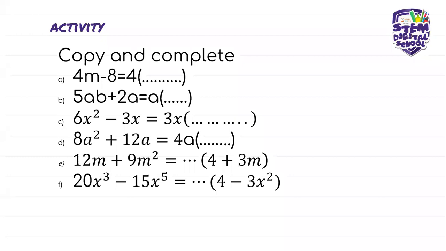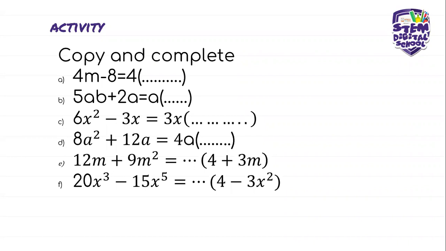The next one, we have the next one again. I see that 5ab plus 2a, we've already done that. So the next one is 6x squared minus 3x. So that as well is an expression which is a binomial.